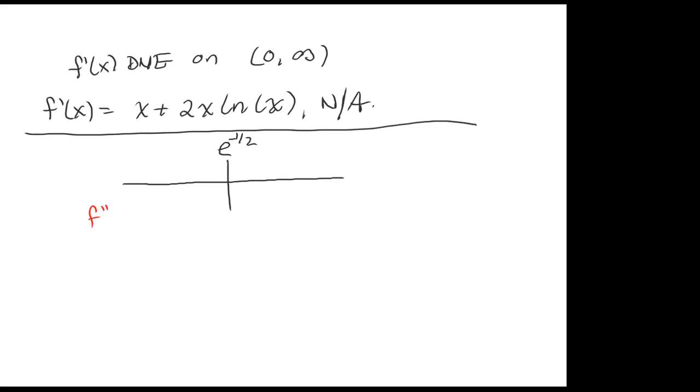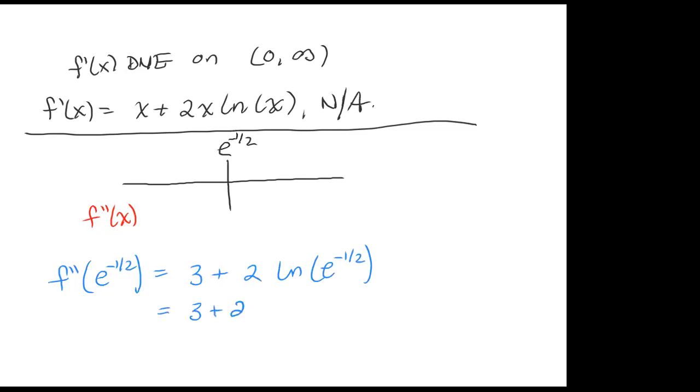I want to test the sign of that in the second derivative. f double prime of e to the negative 1/2 is equal to 3 plus 2 times the natural log of e to the negative 1/2.